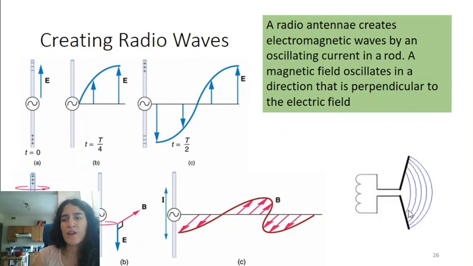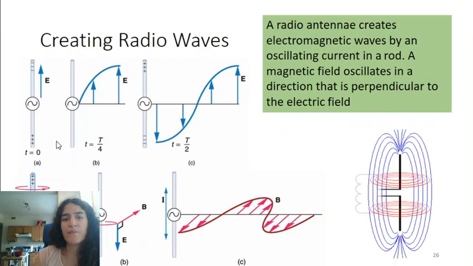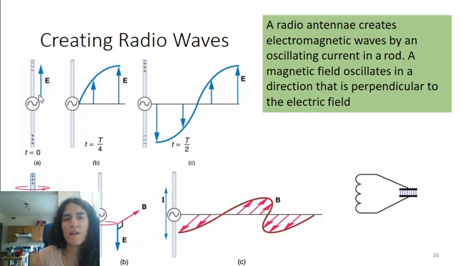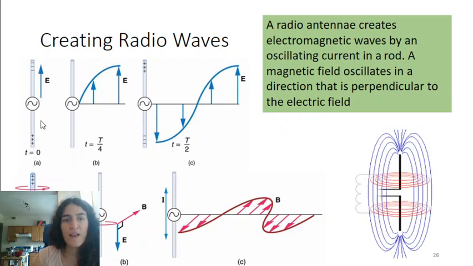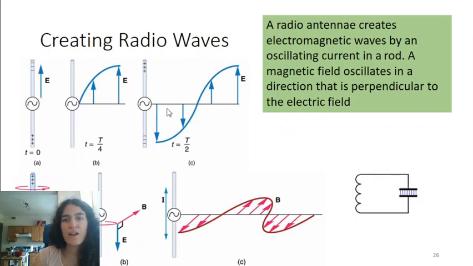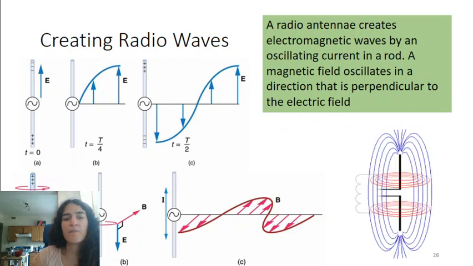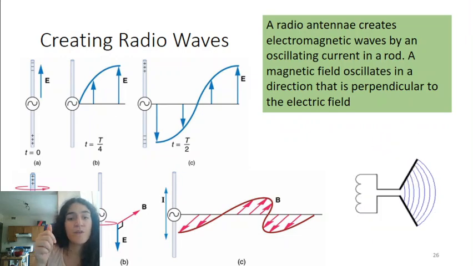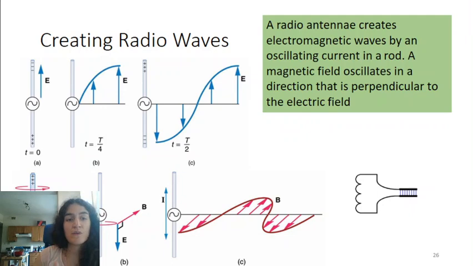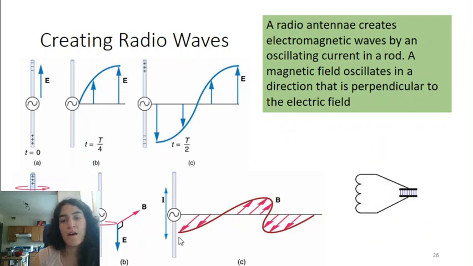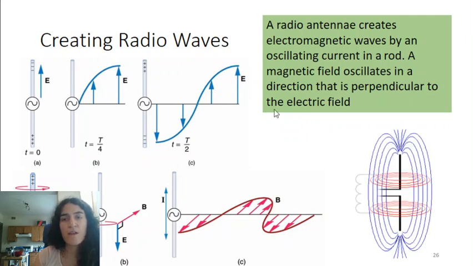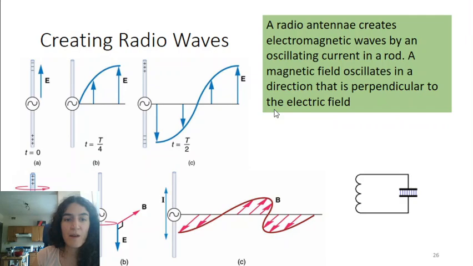It's generating electric fields, and the electrons are moving up and down in this antenna. But we also know that a current will generate a magnetic field, using right-hand rule number 2. That magnetic field is perpendicular to the electric field, and this is how we generate an electromagnetic wave.